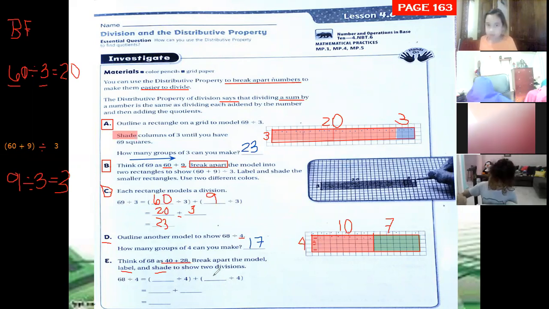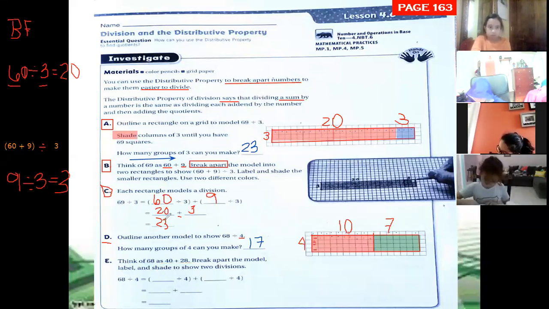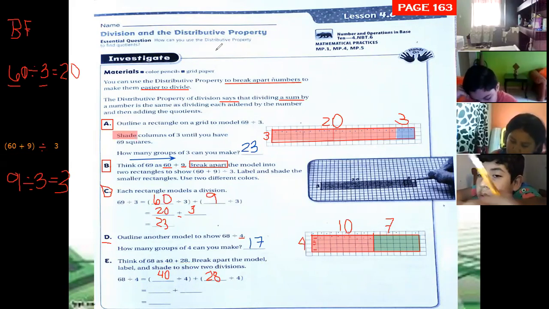Now, let's solve the problem. 68 was broken apart into 40 and 28. 40 divided by 4. Find the 40 in the table of 4, please.